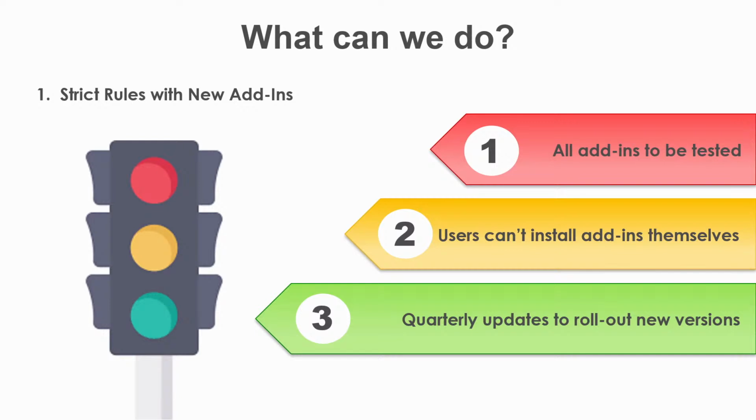And then we try to do quarterly updates to roll out all of the new versions of the add-ins and the software, so that we do the testing only 4 times a year, and not every time somebody has a new request. There's a bit of a difference because some of the add-ins are not required by everybody.